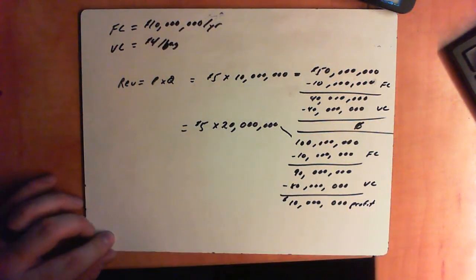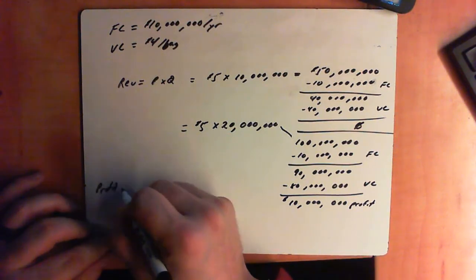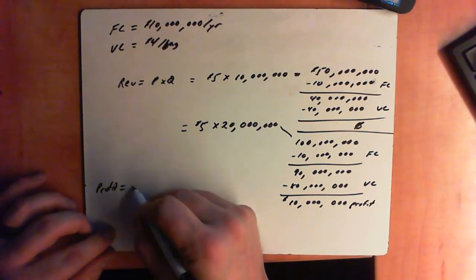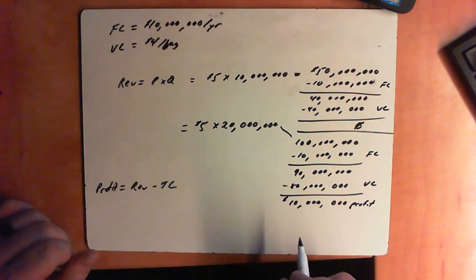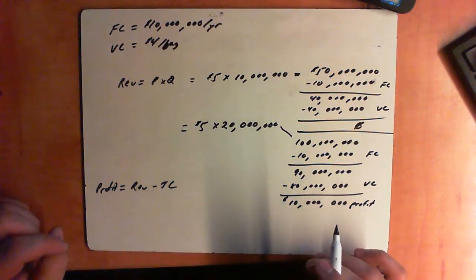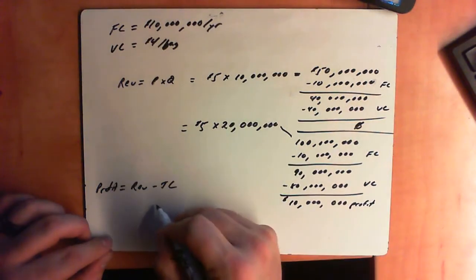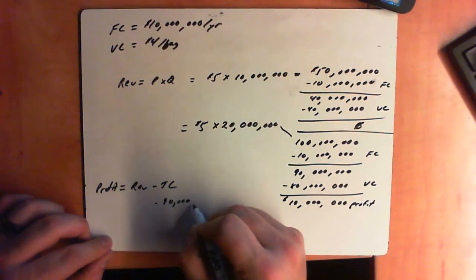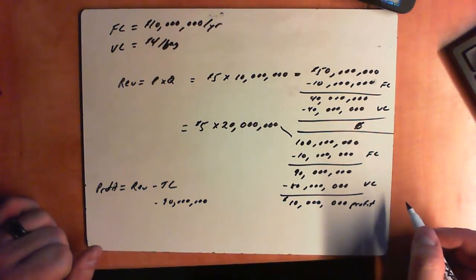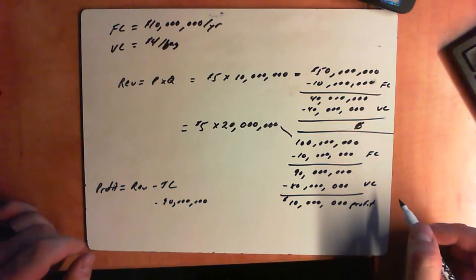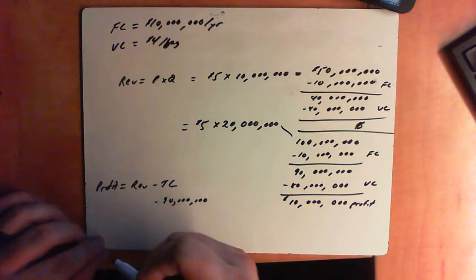Profit is equal to revenue minus total cost. We know our total cost to be $90 million, which is the $10 million plus $80 million. We want our profit to be 0, because the fair rate of return is where economic profit is equal to 0.